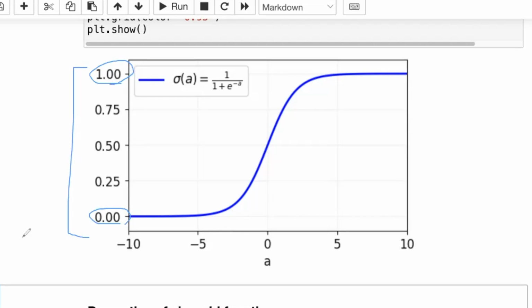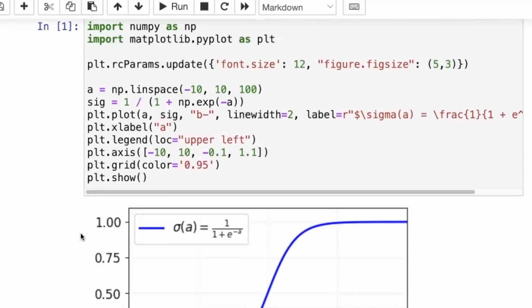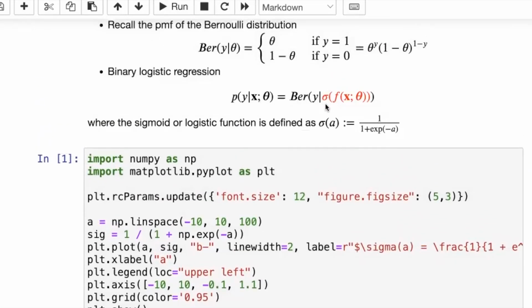Because if you look at what we have here, this sigmoid or logistic function acts as the probability parameter for the Bernoulli distribution. And we know that the probability of a random variable is always between 0 and 1. So if we do not use this sigmoid or logistic function, we can end up with a value of this function f, which is outside the acceptable range of 0 to 1.